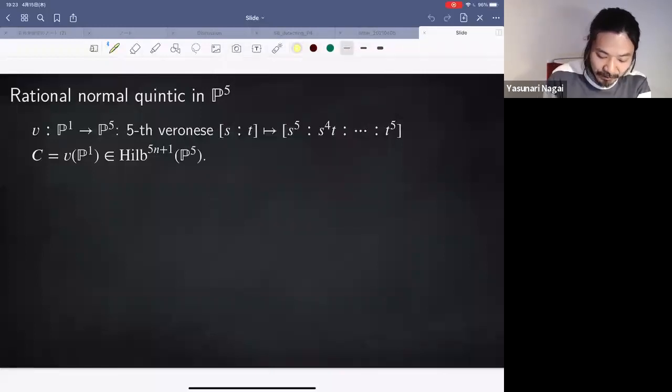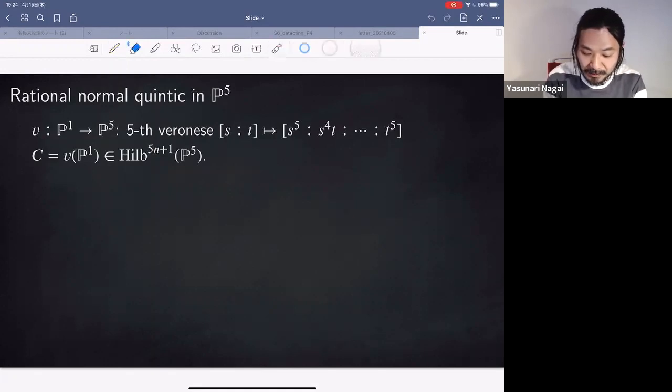Of course, this is the fifth Veronese embedding of P1 into P5, defined by this map. Let me denote it by C.